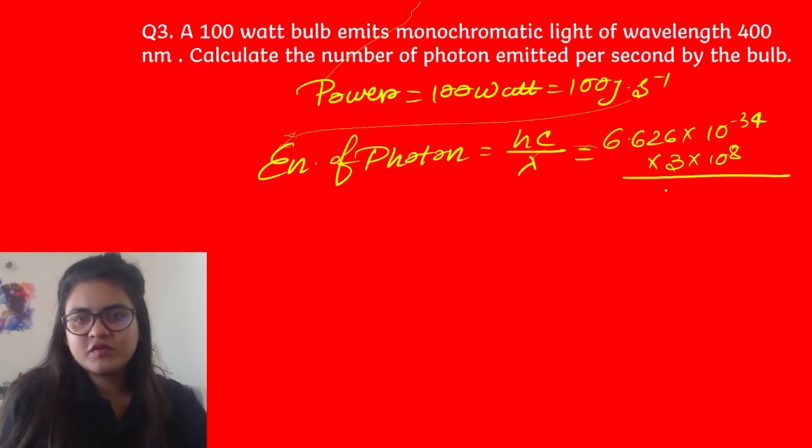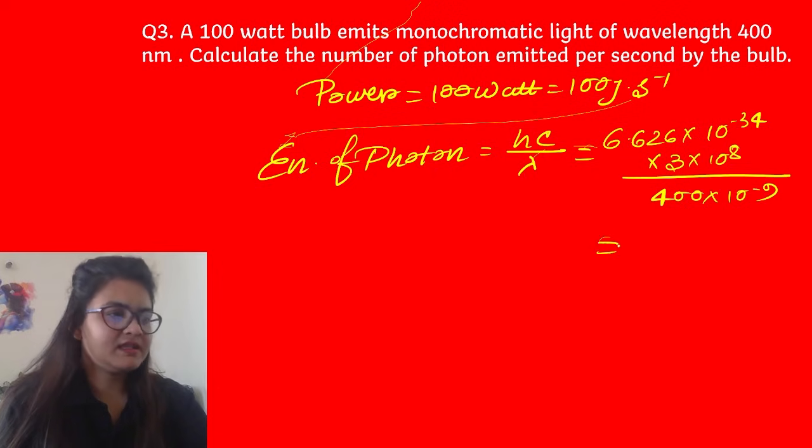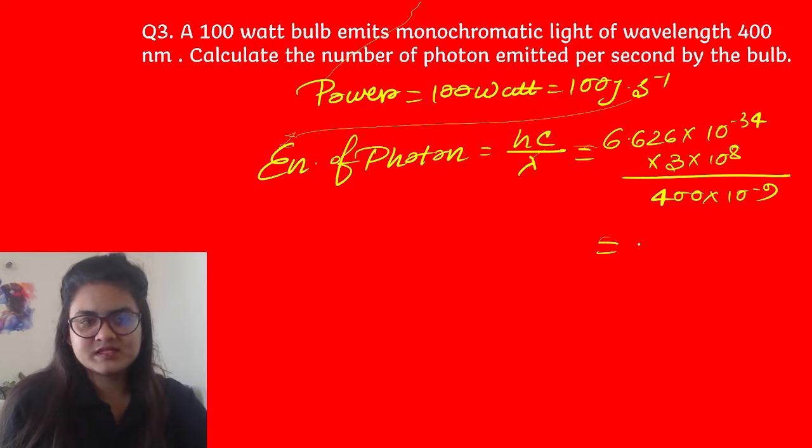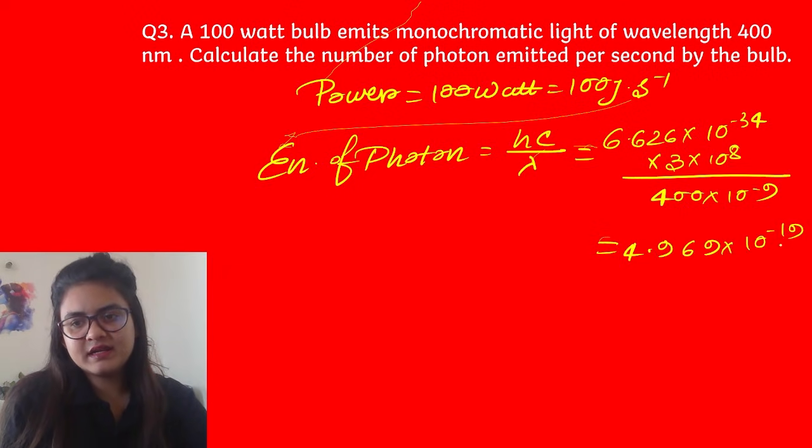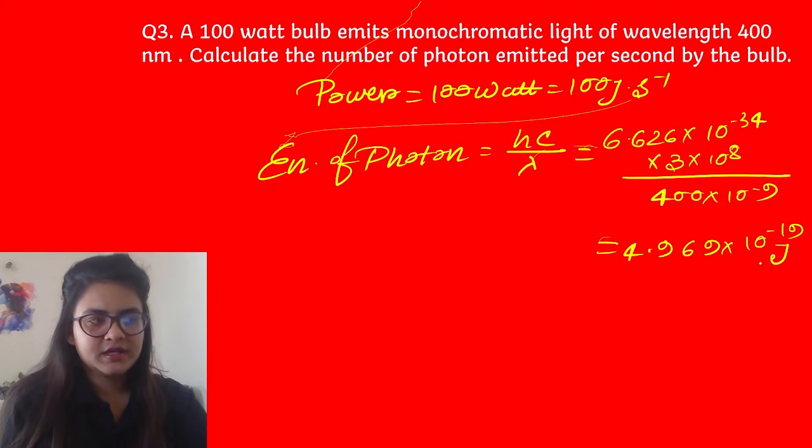How much is lambda? 400 nanometer, right? So let's convert it to meter. So 400 into 10 power minus 9. If you calculate the entire thing, it will come up to be something like 4.969 into 10 power minus 19 joule, right?